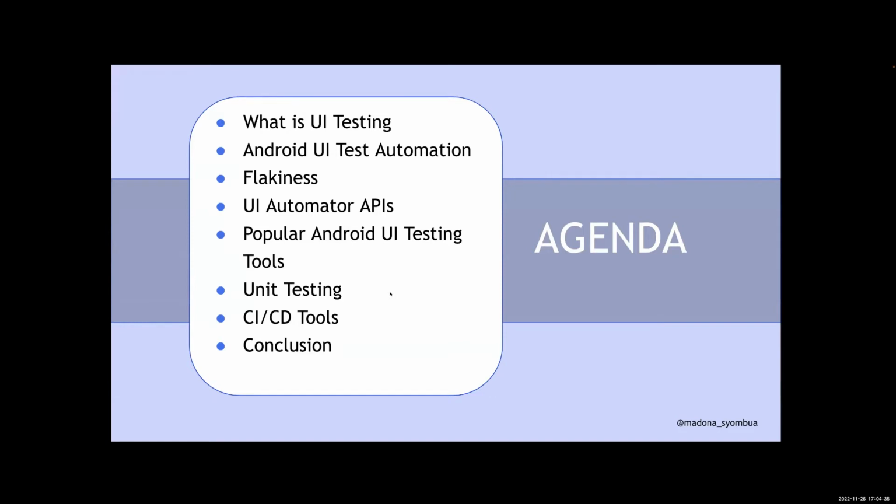But I will also talk about the difference between Espresso and the UI Automator. We'll look into popular Android UI testing tools. We will look into a little bit of unit testing because mostly the two are always together. And the talk generally is to just motivate people to be writing tests. And then I'll talk about a little bit of CI/CD tools and then the conclusion.